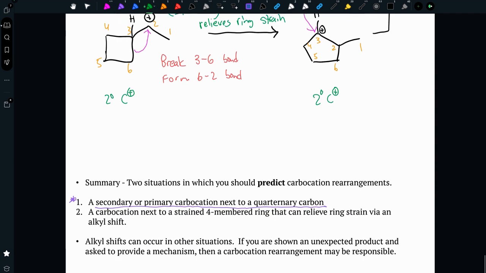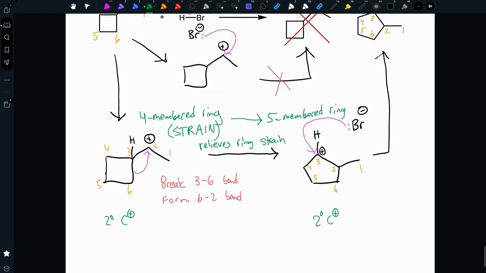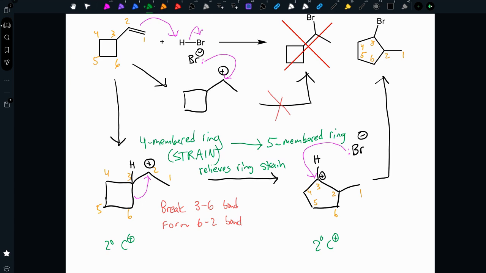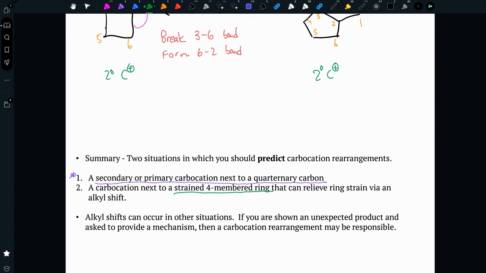So this second situation, when you have a carbocation next to a strained 4-membered ring, it will often do this kind of alkyl shift where it increases the size of the ring, opens it up, and that relieves ring strain. Okay, so those are 2 kinds of alkyl shifts that you'll encounter in the skill builder and the skill checkers.